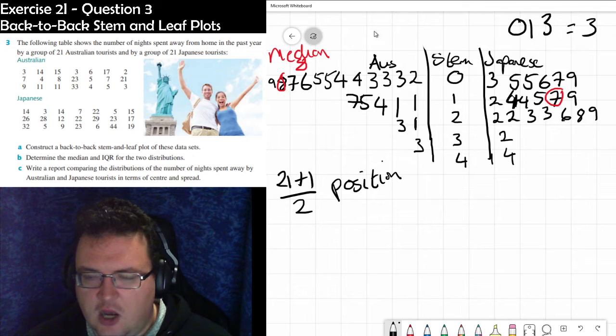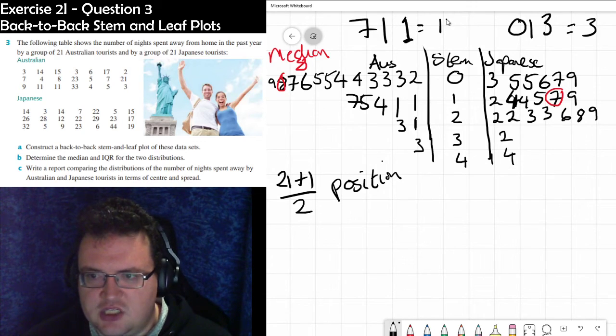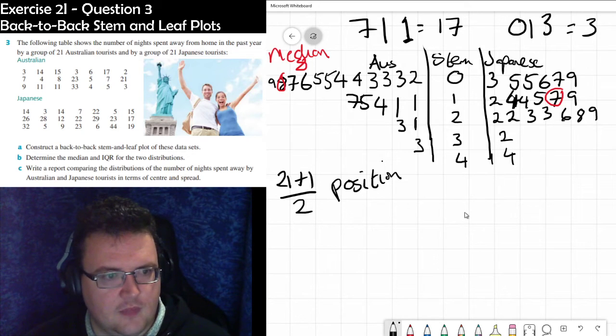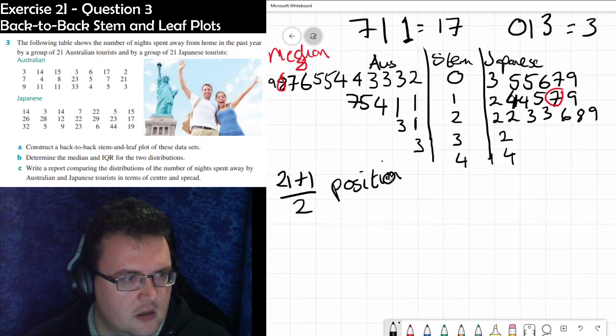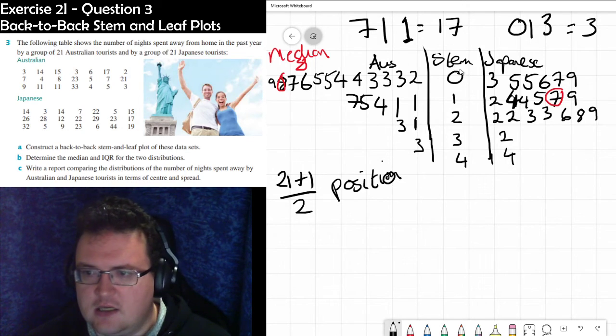But on this side, the stem is on the right-hand side. So if I went 1, 7, that's 7 line 1, make that a little clearer. 7 line 1 is actually just 17. Make that clear when you're doing these back-to-back stem and leaf plots. So, median on this side is 8.